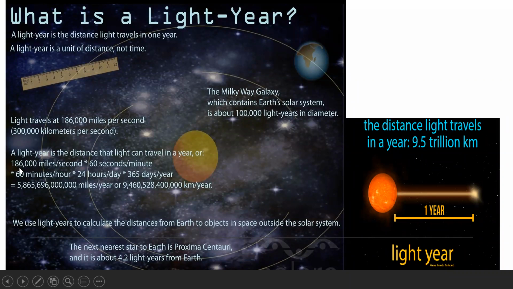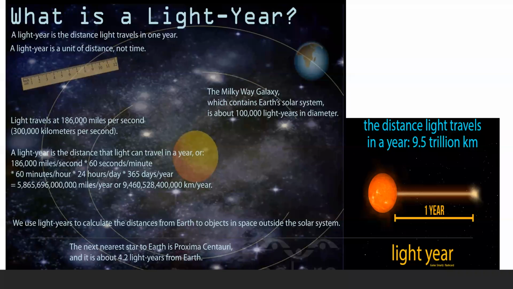How will you get it? You will have to multiply the speed of light times the time. It means 365 days times 24 hours times 60 minutes times 60 seconds, into the velocity of light, will give you the total distance, which is 1 light year.